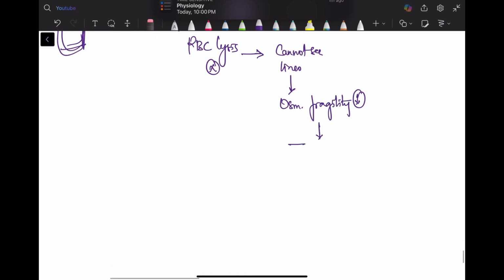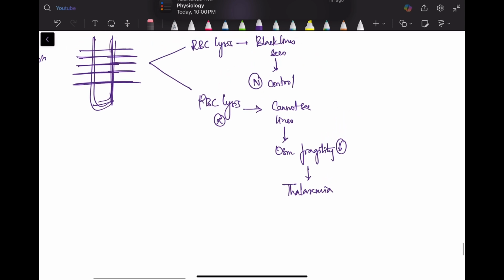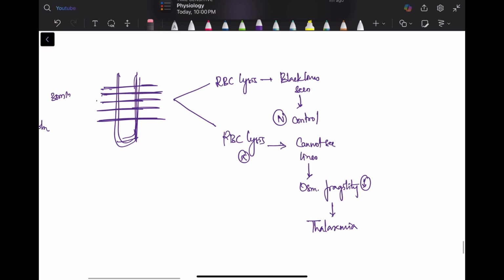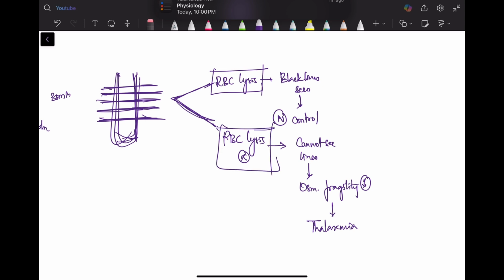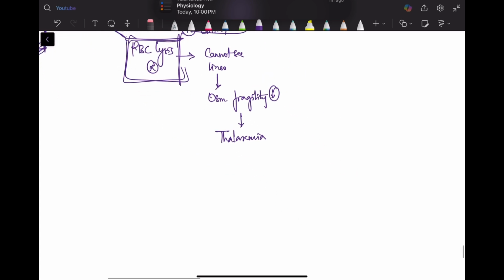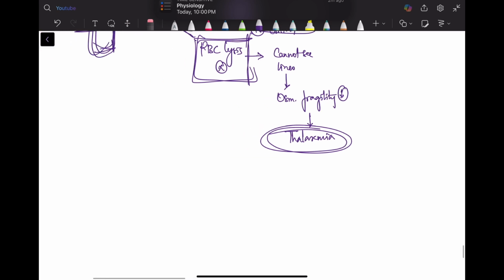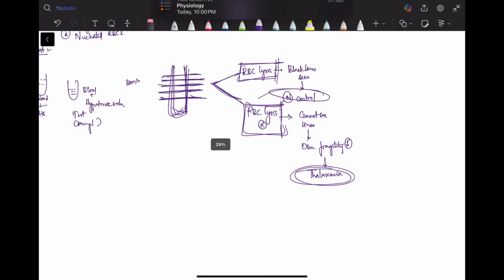So this will be seen in thalassemia. So we see the black line kept behind the test tube. We'll see two conditions, where RBC lysis takes place and where RBC lysis does not take place. Just remember the simple funda: if RBC lysis takes place, that is normal. If RBC lysis does not take place, then we'll consider it as thalassemia, right? Hope this is clear, right?